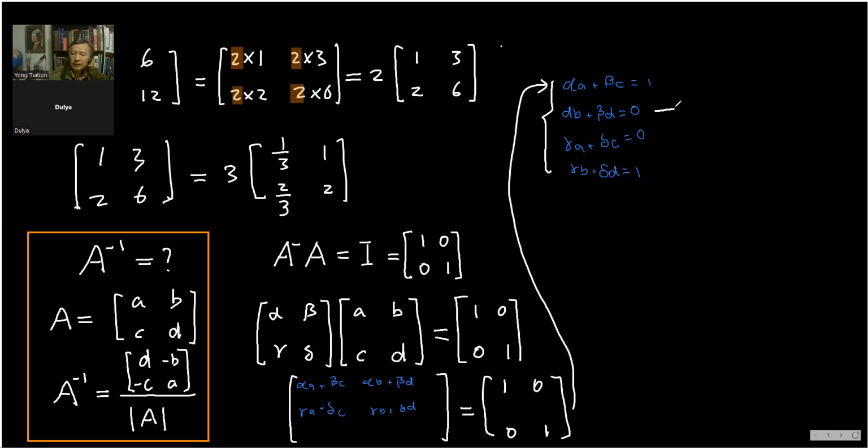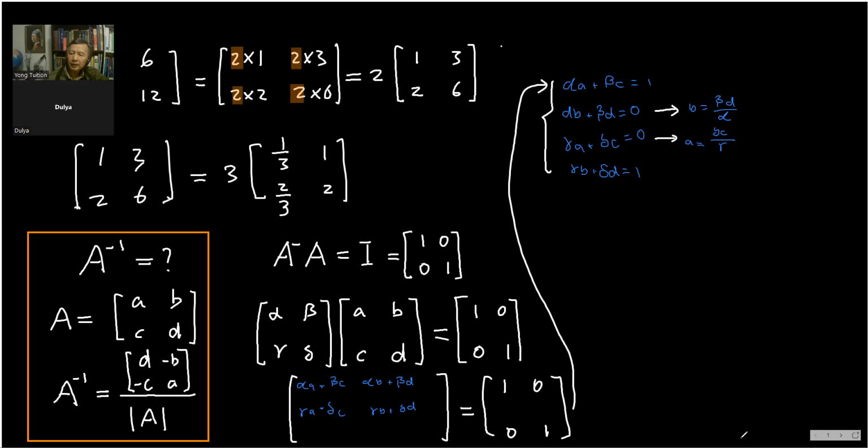Can we start from this simple equation, because the one with 0 is easier? Can we find this relation first? Okay.